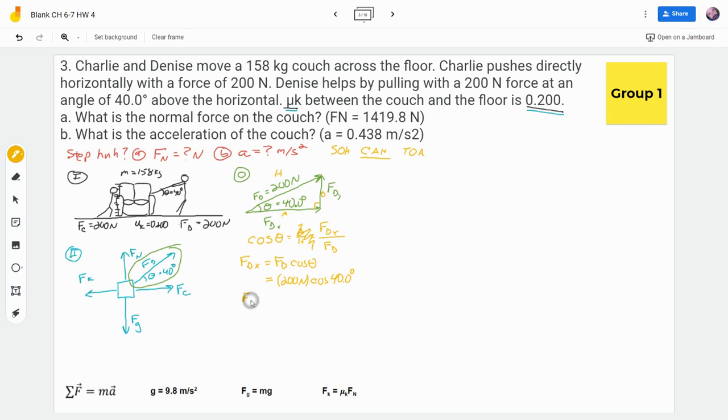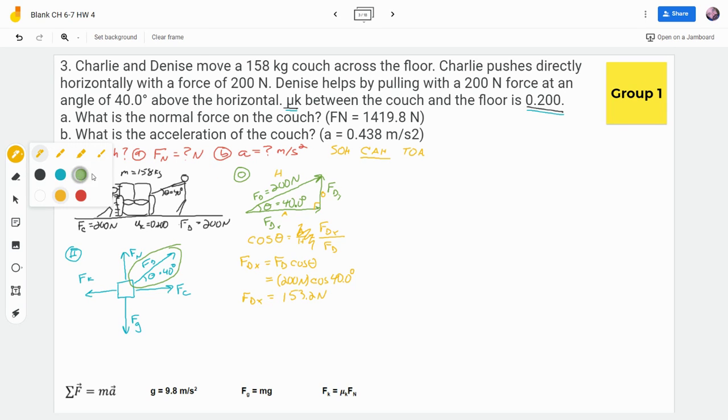And we're going to end up with F sub dx is equal to, let me ask calculator, 200 times cosine 40. We get 153.20888. All right. So 153.2 newtons.